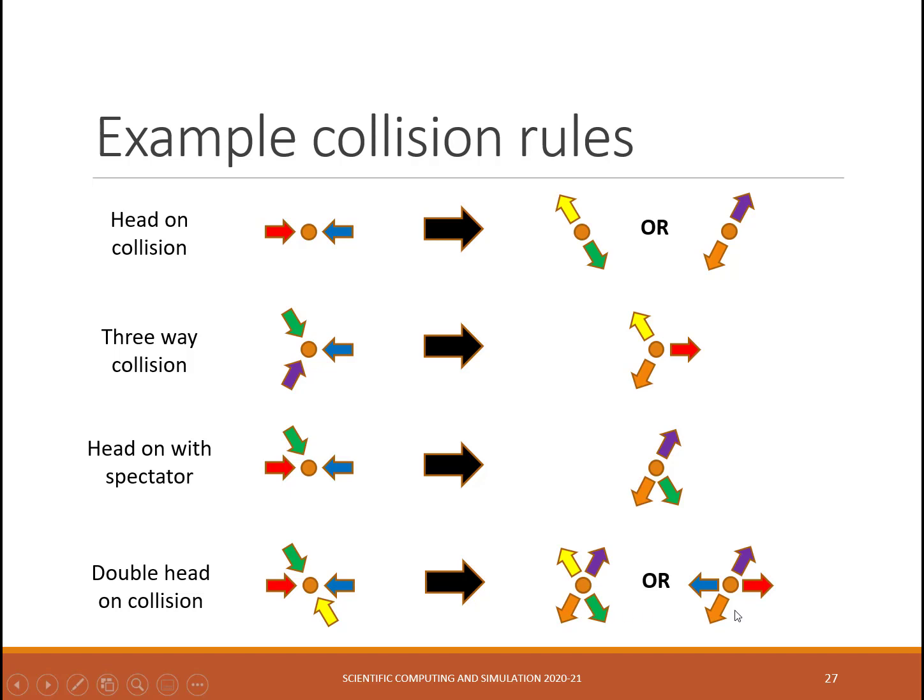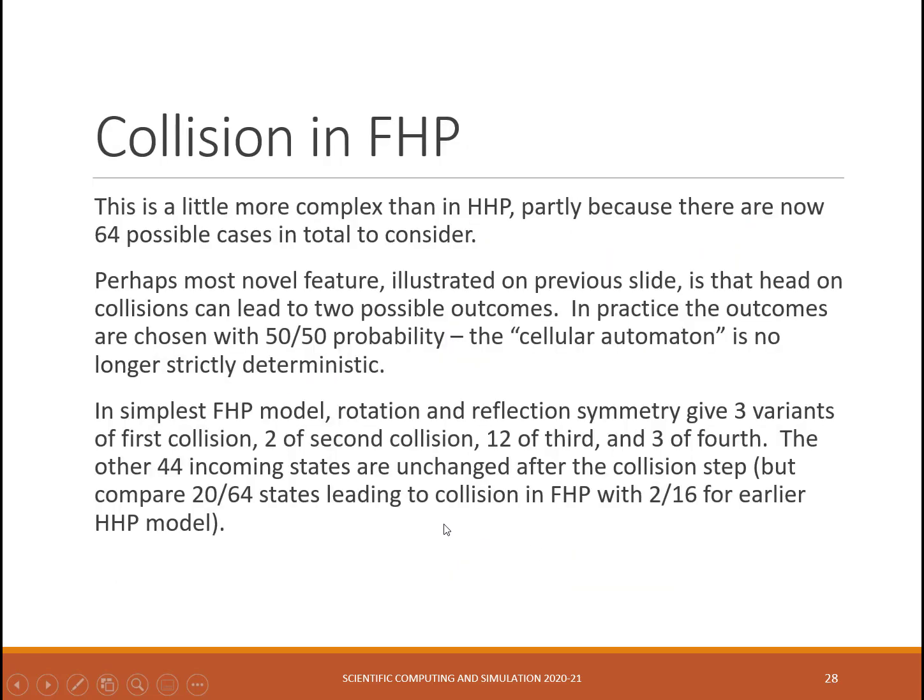As you might recognize so far, implementing collisions in the FHP model is a little more complicated compared with the HPP. It is because there are totally 64 possible cases to consider in the triangular lattice.